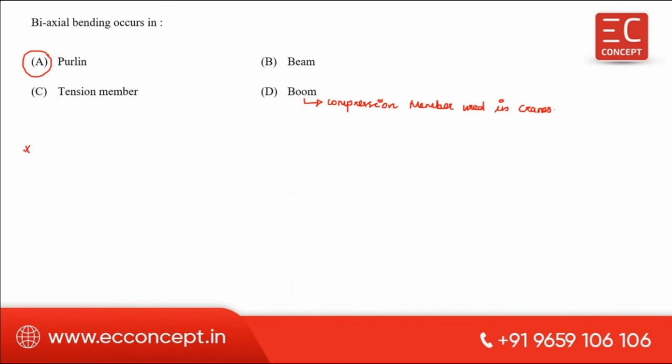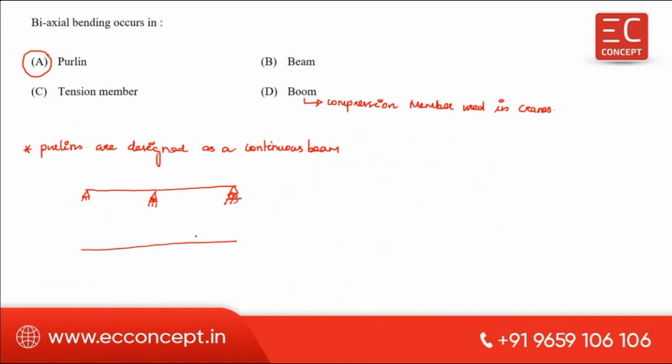And some more points let me give. Purlins are designed as a continuous beam. Is designed as the continuous beam. And the bending moment diagram for this is something like that. So this is the bending moment diagram.